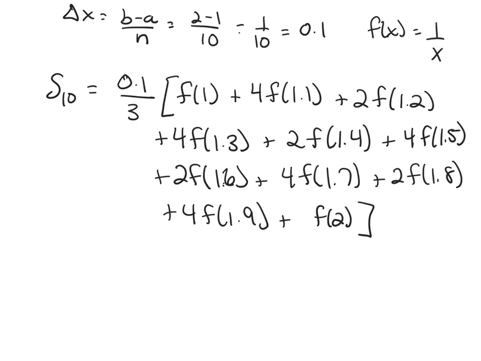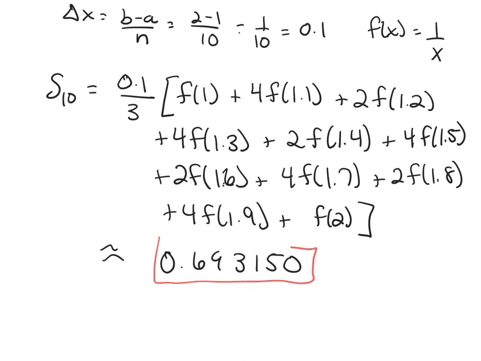You plug all this into a calculator and it tells you this is approximately 0.693150. You can compare this with the trapezoidal rule, and you'll see the number's a little bit different. Our trapezoidal rule gave us 0.691908. So this estimate is a little bit different, and actually I think it's a little bit better than the one we had with the trapezoidal rule. All right, so I want to end here.